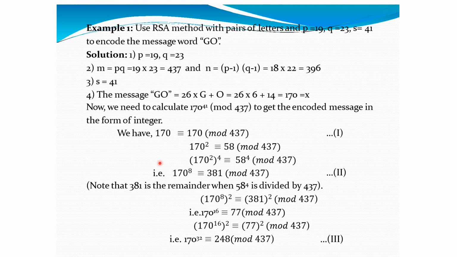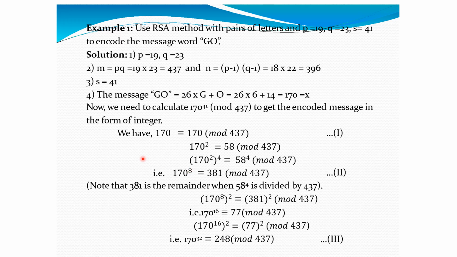Now we do square on both sides because we have to reach 170 raised to 41. Now this is the 170 square we got. Next power we consider: 170 square raised to 4 is congruent to 58 raised to 4 modulo 437. This is according to the result of congruence, that if A is congruent to B modulo n, then A raised to k is congruent to B raised to k modulo n.